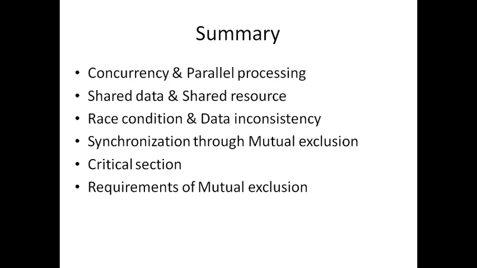For mutual exclusion to be acceptable, it has to possess three conditions. And finally we have seen Peterson's algorithm, which is an older, outdated solution. We no longer practice it in any operating system, but it is a good way to understand a simple solution we can develop for the problem of concurrency and synchronization. Thank you.